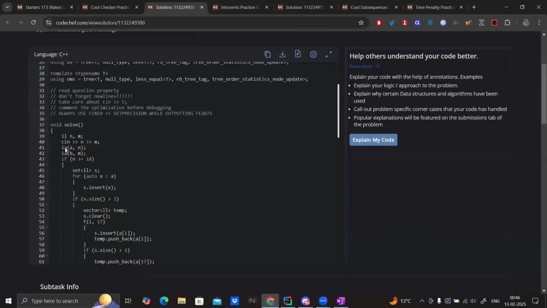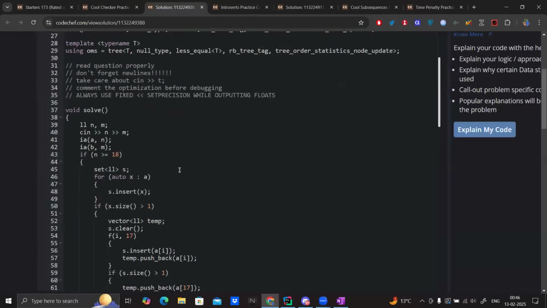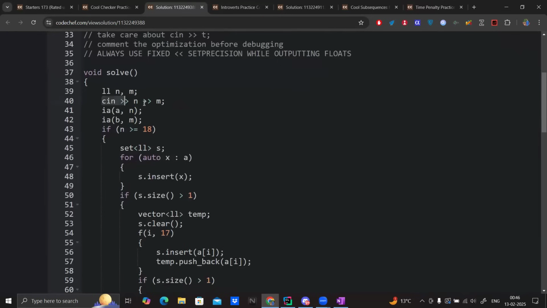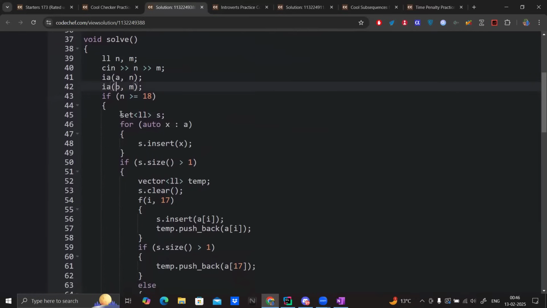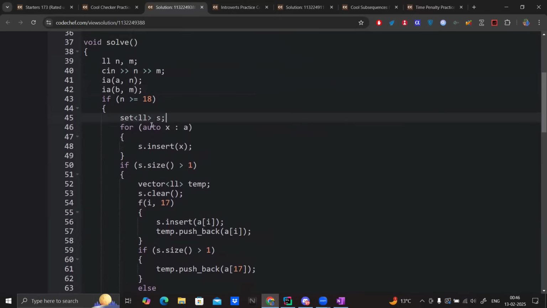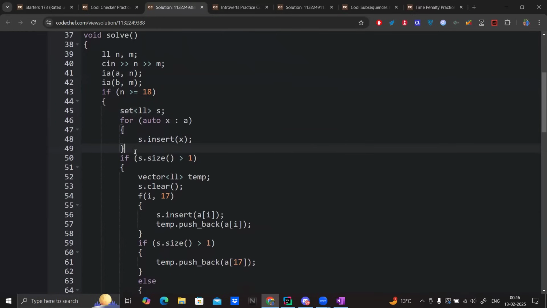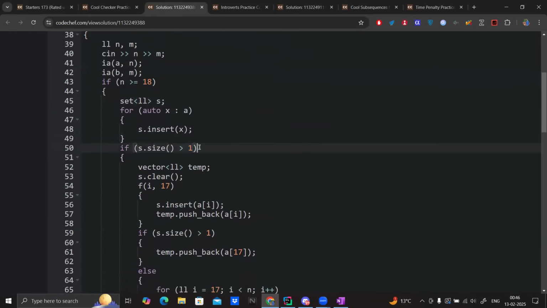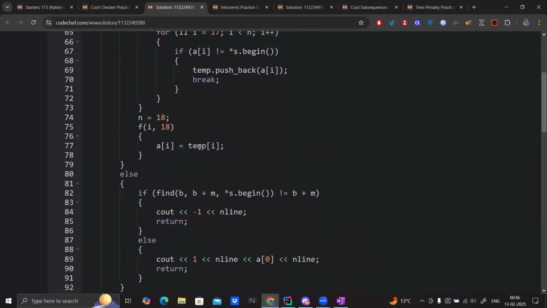Okay, so I took the input n, m, input A, input B. If n is greater than or equal to 18, then set S. So what I'm doing is I'm just inserting all of the elements inside the set. Now if s.size is greater than 1, that means not all elements are same, so I'll first go to the else condition.